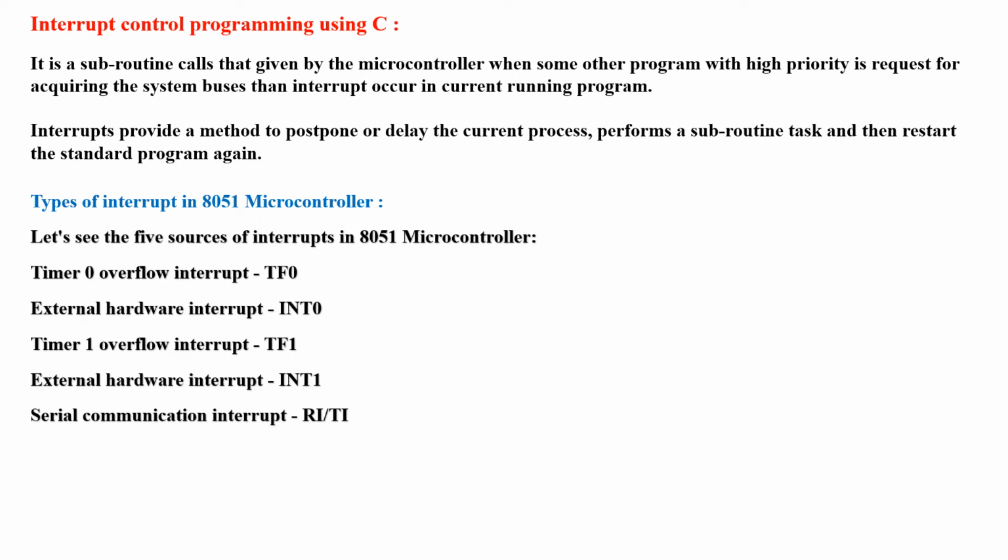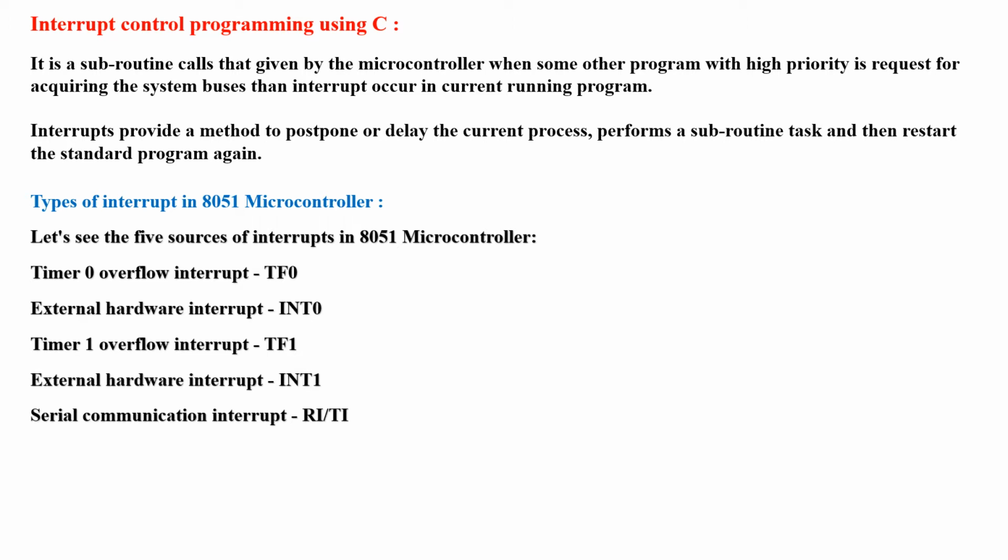Now here are some types of interrupts which occur in the 8051 microcontroller. The first interrupt is timer 0 overflow interrupt, denoted by TF0. The second interrupt is external hardware interrupt denoted by INT0.